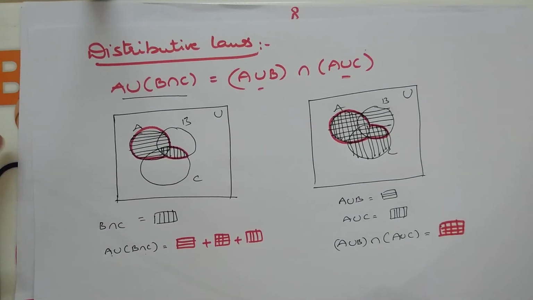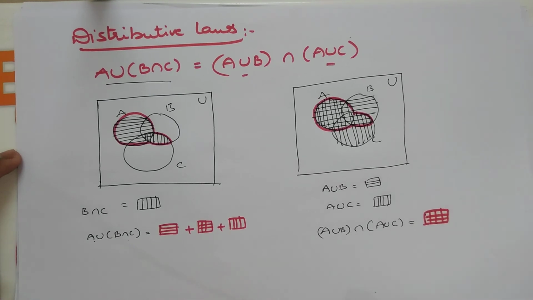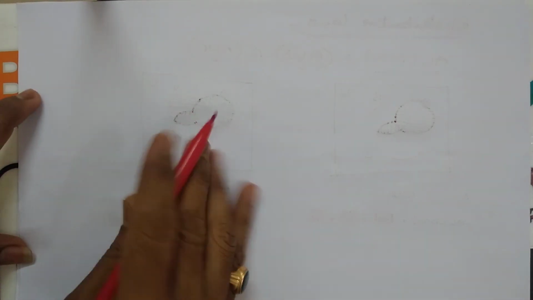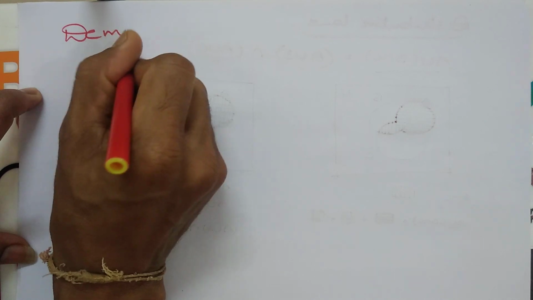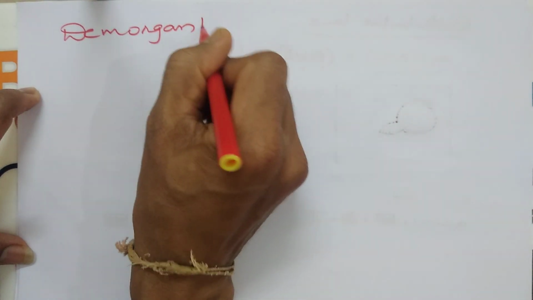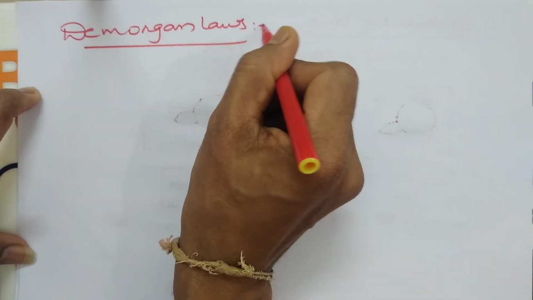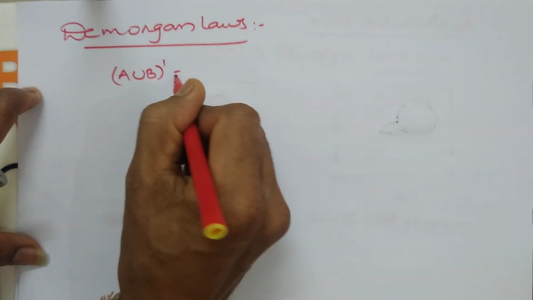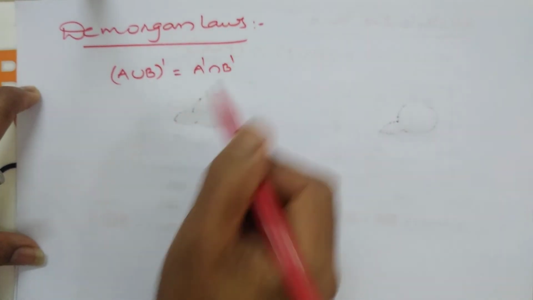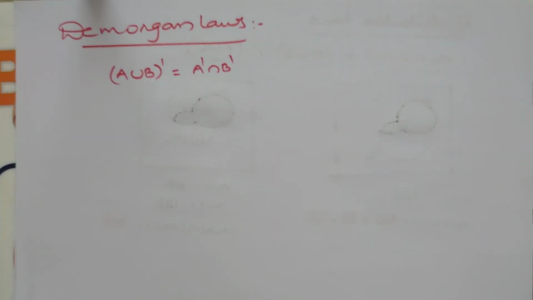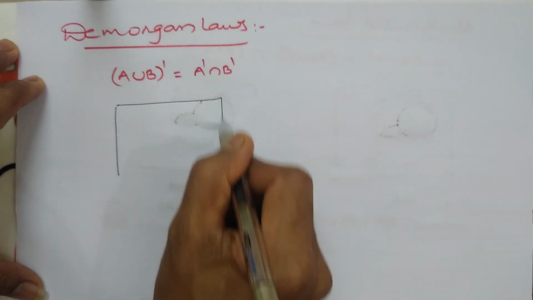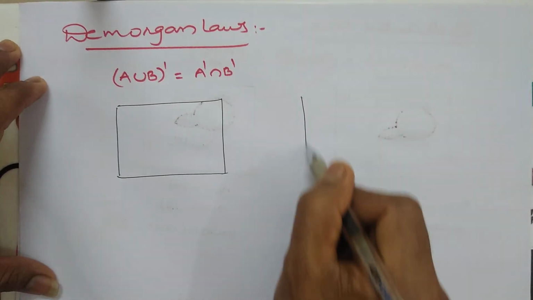Now I am going to explain De Morgan laws by using a Venn diagram. De Morgan laws: (A union B) whole complement is equal to A complement intersection B complement. Now see how you do it. First you take two boxes, and this is one box.